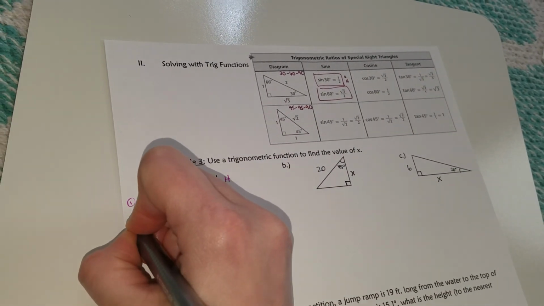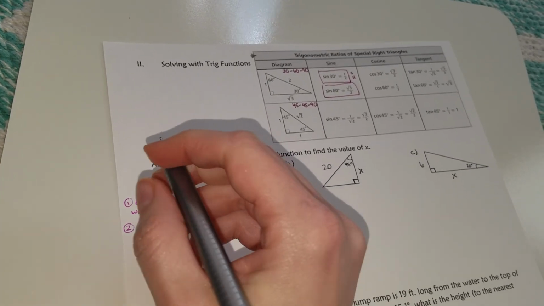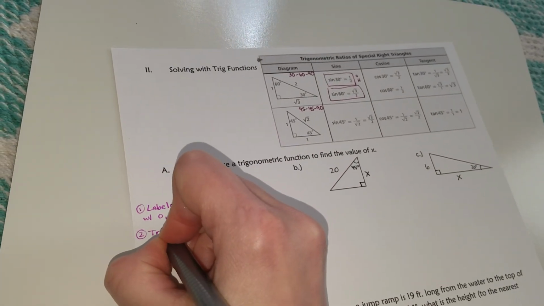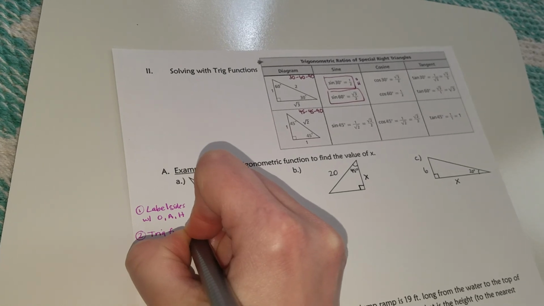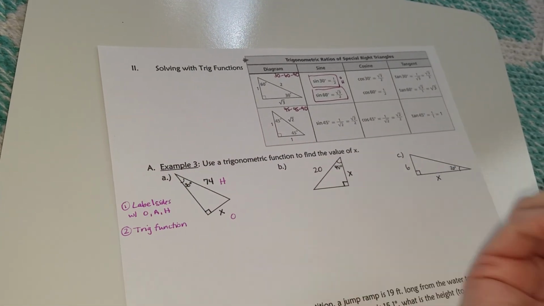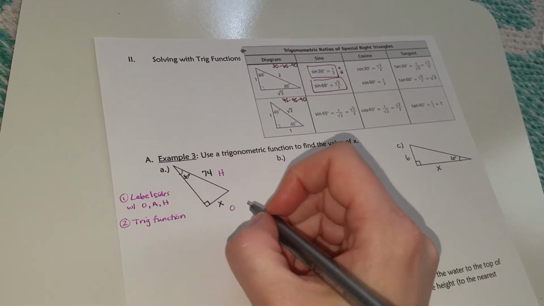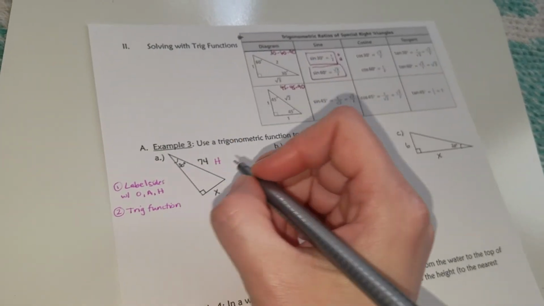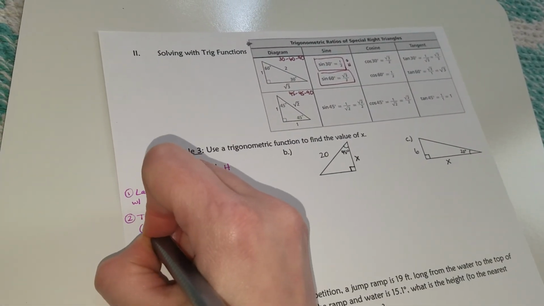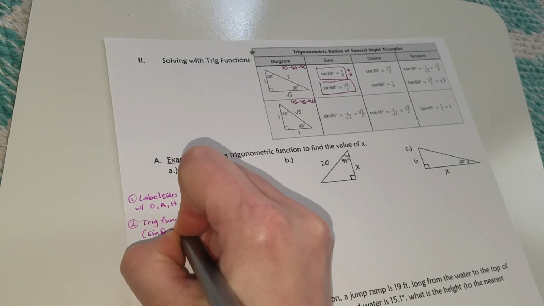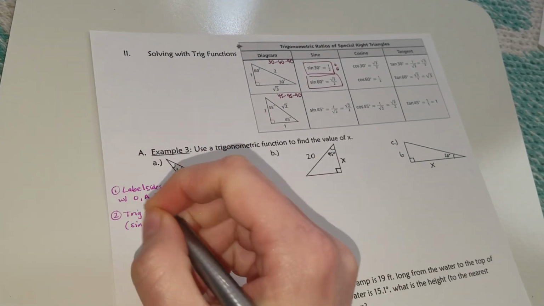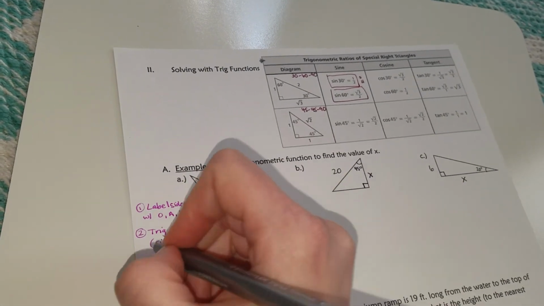And then I'm going to pick which trig function matches. So if it's O and H, using SOHCAHTOA, I'm going to pick sine. I know that the sine of my angle is O over H, so that's why I'm choosing it for this one. And then you're going to set up your equation.